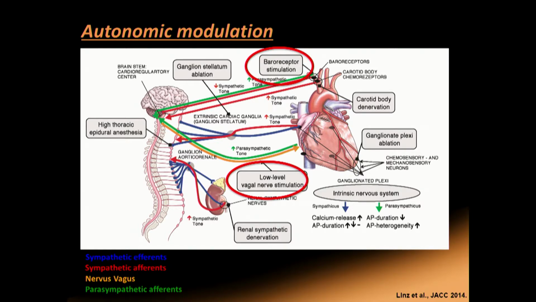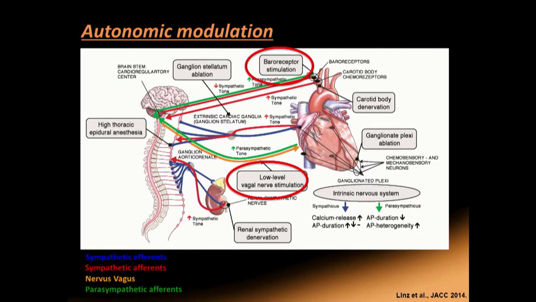Another strategy might be not just reducing sympathetic activation, but counterbalancing parasympathetic withdrawal under pathophysiological conditions. So there are conditions like, for example, hypertension or heart failure.